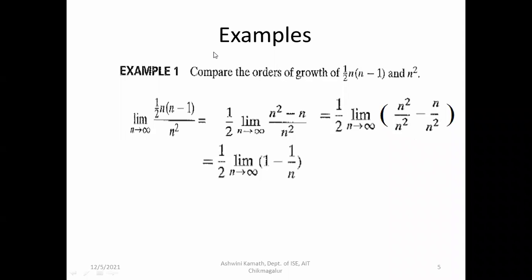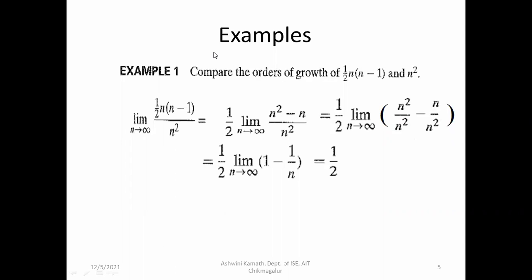So we'll get half into limit n tends to infinity 1 minus 1 divided by n. Now apply the limit value: 1 minus 1 divided by infinity. 1 divided by infinity is 0. So 1 minus 0 is 1. 1 into half is half. So we'll get the answer as 1 by 2.